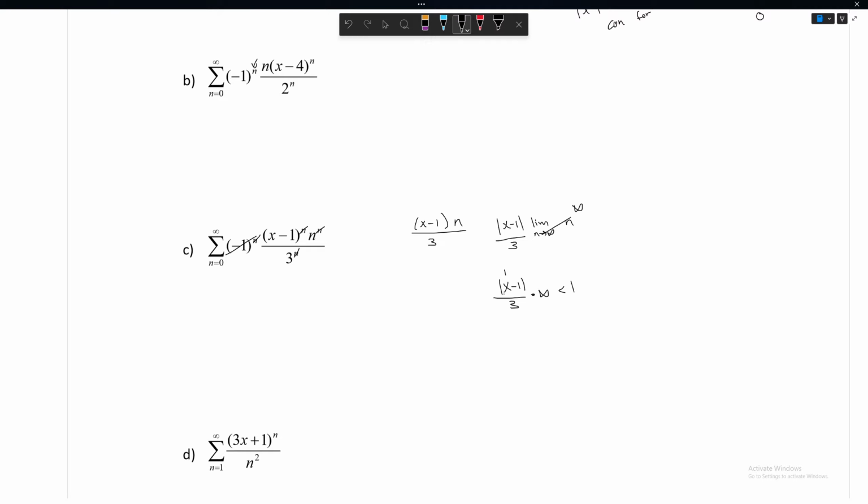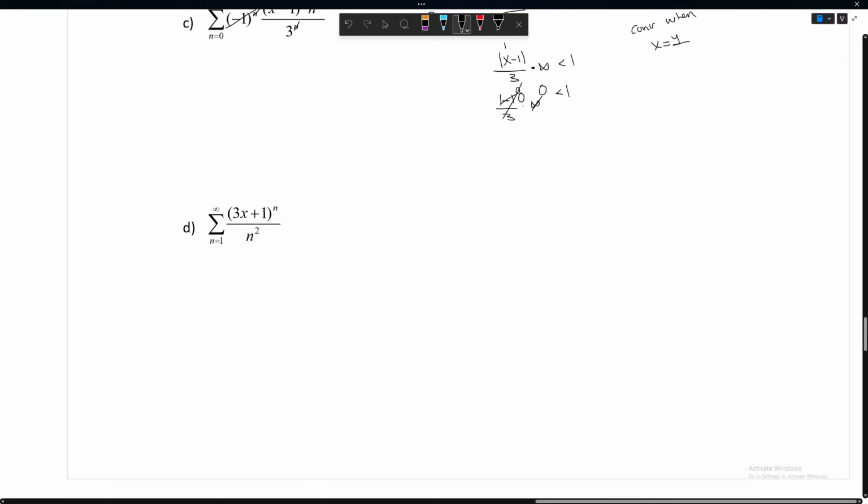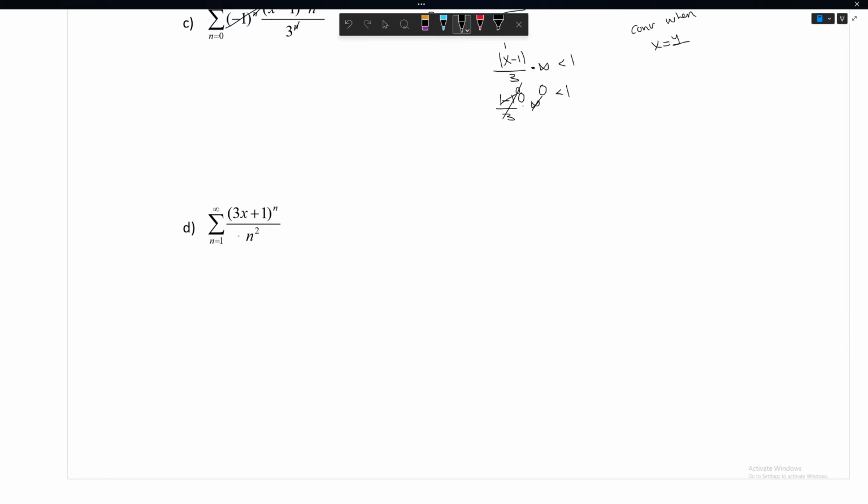If I put a positive 1, I'll get 1 minus 1 over 3 times infinity. 1 minus 1 is 0. 0 divided by 3 is 0. 0 times infinity is 0. That's less than 1. So it converges at x equals 1.